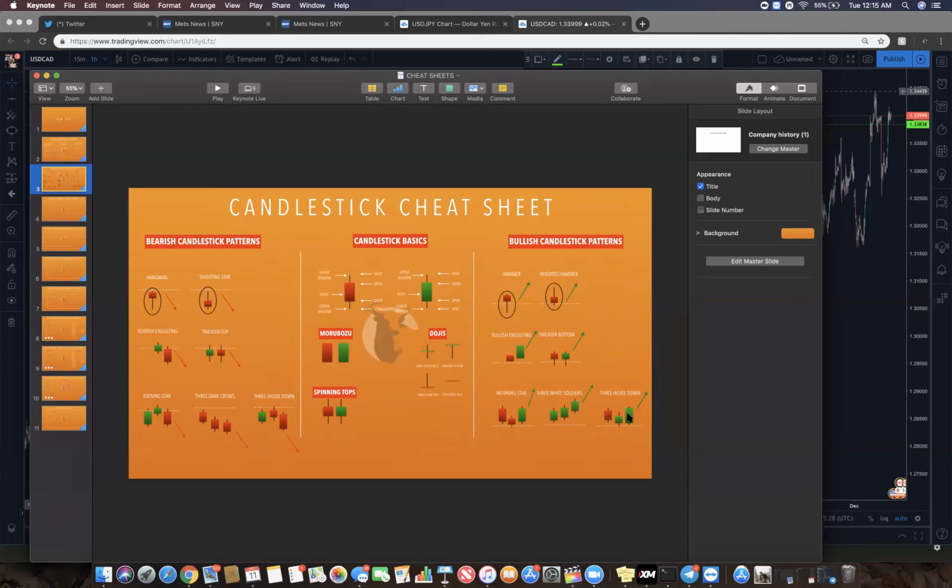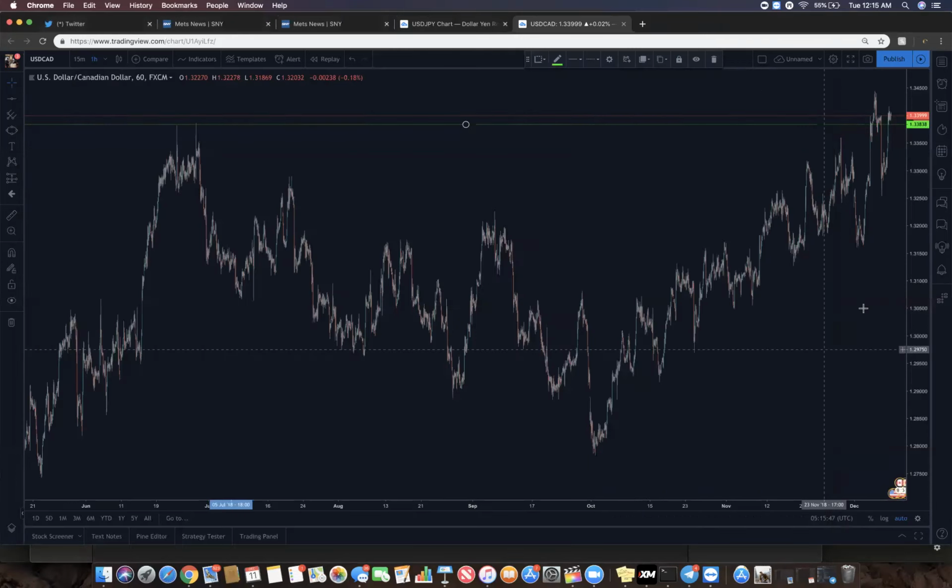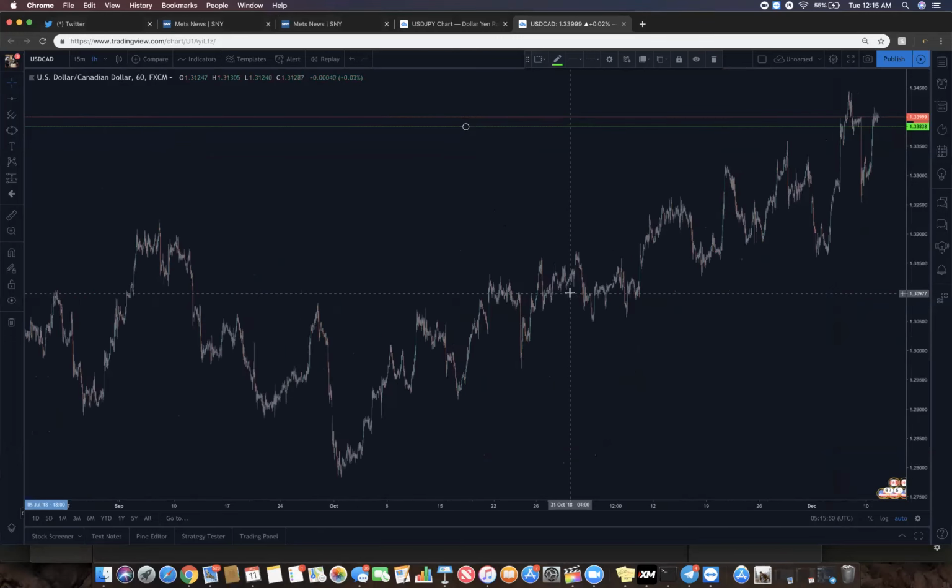Bullish candlestick patterns form where? On support, correct. So if they form at support, we buy at support. And bearish candlestick patterns all happen at resistance. So let's look at finding some of these candlesticks.